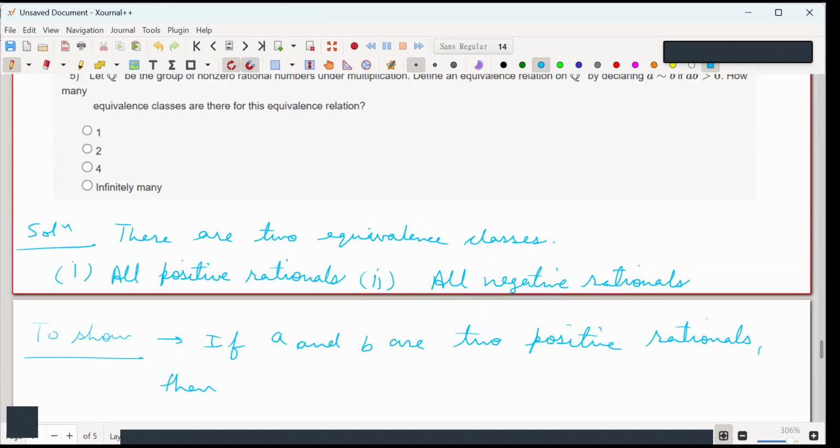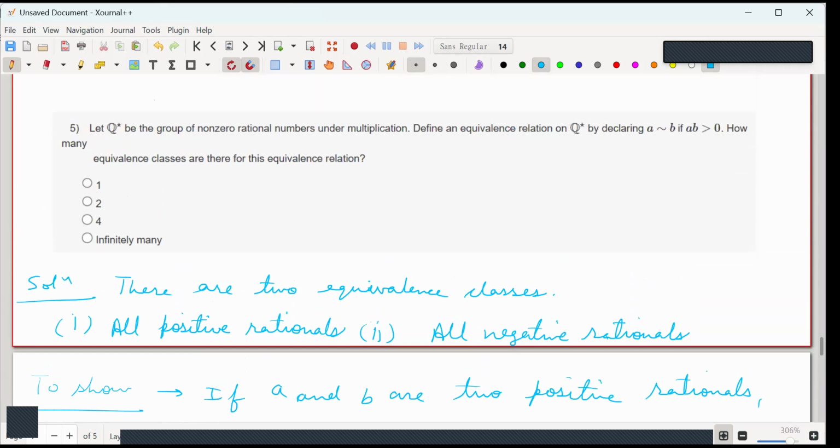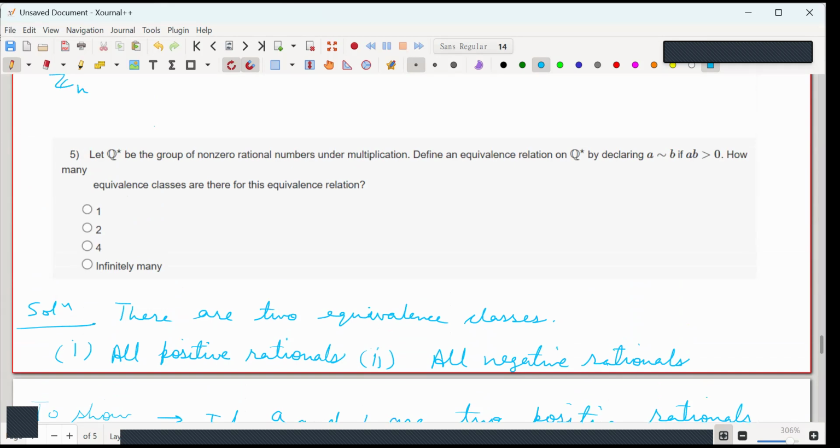But then this doesn't form an equivalence class, right? A is related to B if AB is greater than 0. So why are two negative rationals related? Their product is again greater than 0, right?